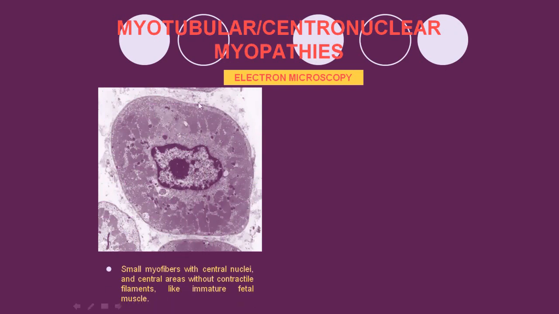Electron microscopy. This is a classical immature muscle fiber, central nuclei, no myofibril in the center. This is myofibril in the periphery, but in the center, no myofibril, no contractile filaments or myofibrils.